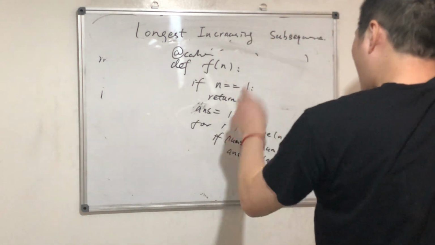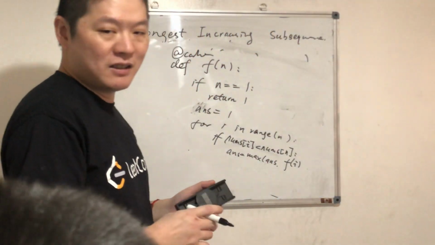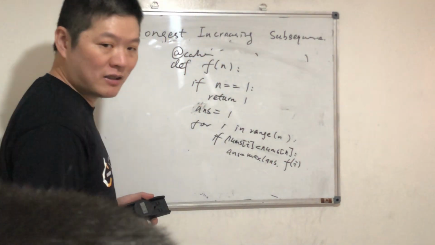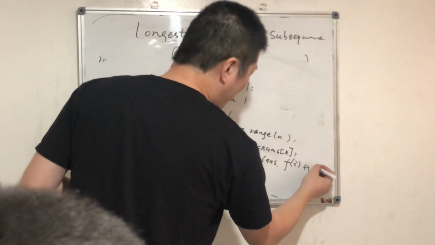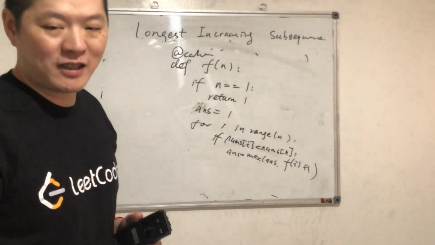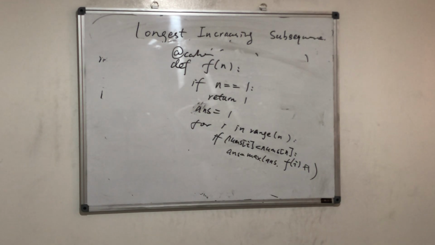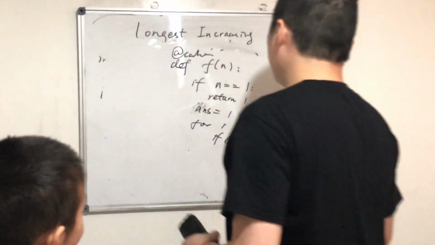There's no j, there's i, this is n. Don't look at my notes, it's slightly different. You need to understand before you know the answer. Just guess first.